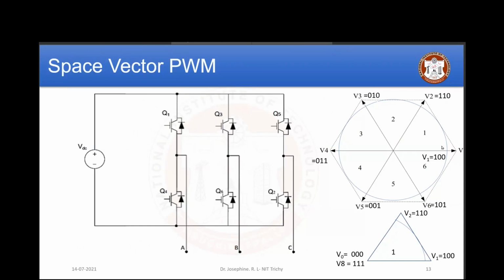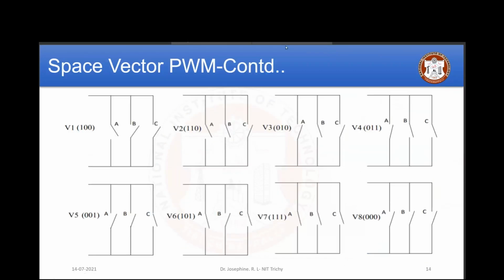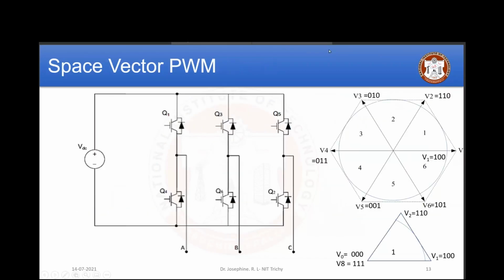Now, why are we going to discuss this vector? Assume that I need a sinusoidal signal that has to start from maximum. So if I operate continuously between V1 and V2, if I give V1, it is going to give maximum.